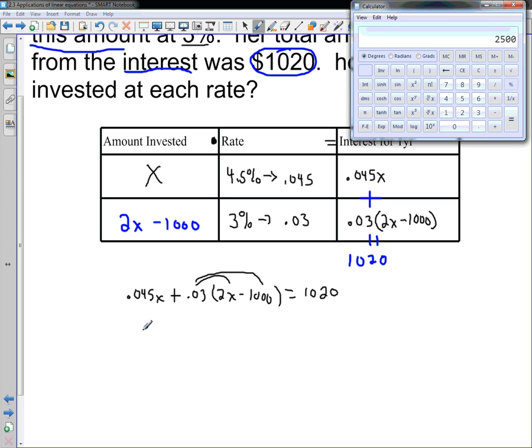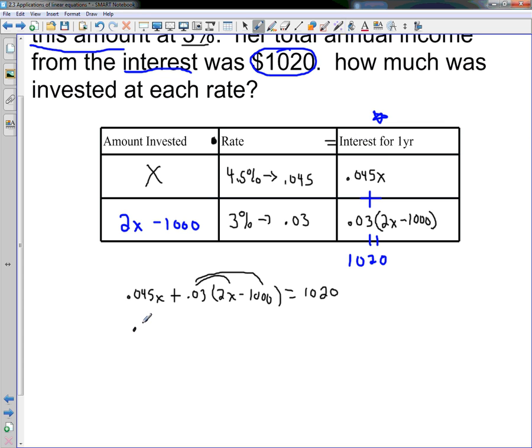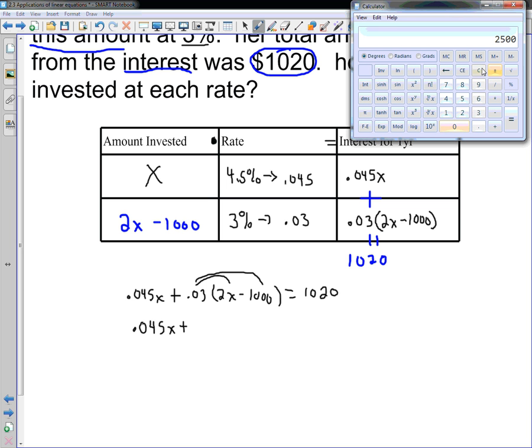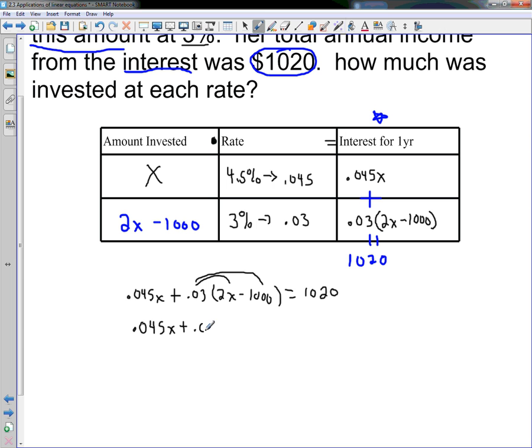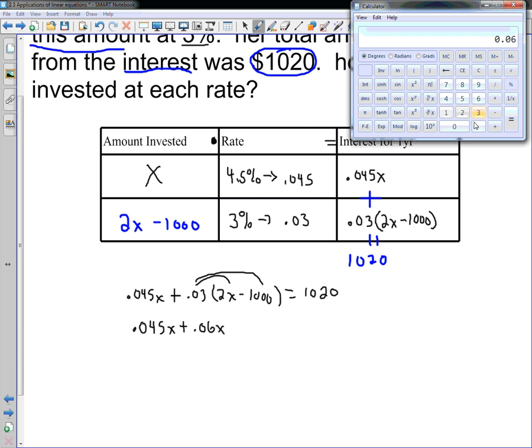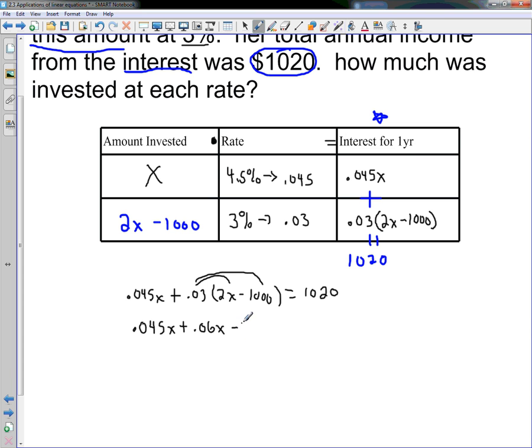We have the 0.045x plus, when we multiply that, we have 0.03 times 2 equals 0.06x, and then we take 0.03 times 1,000, and it's a 30, equals 1020.